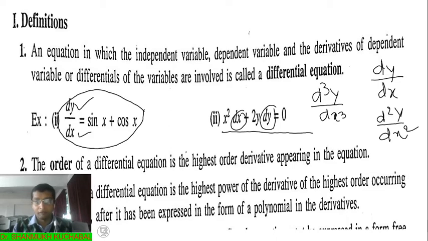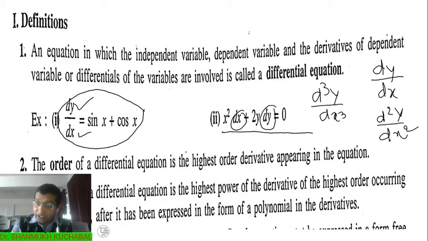Next, degree of a differential equation. The degree of a differential equation is the highest power of the derivative of the highest order occurring in the equation after it has been expressed in the form of a polynomial in the derivatives. So we have to express the given equation as a polynomial differential equation.